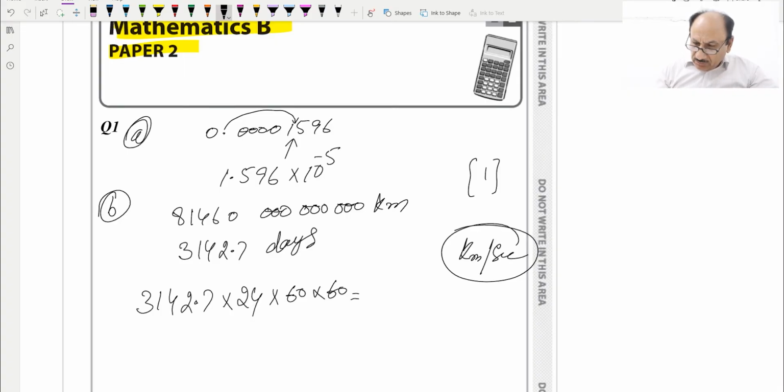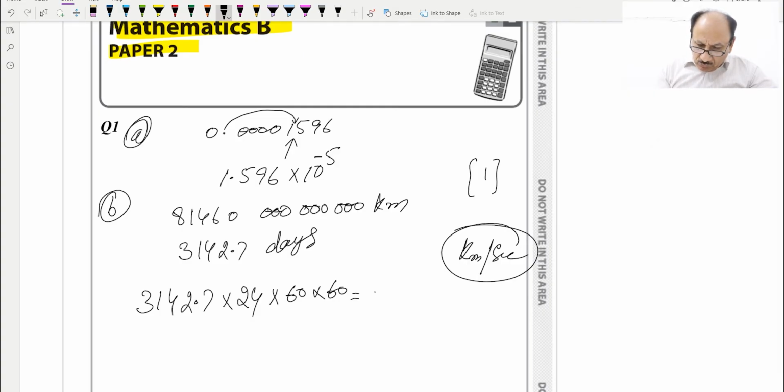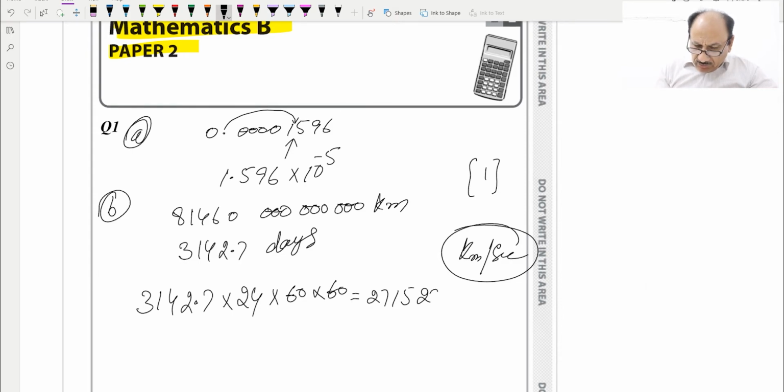If we calculate this with the help of a calculator, 3142.7 times 24 times 60 times 60 gives us 271529280, and this is in seconds. Then we can calculate speed.